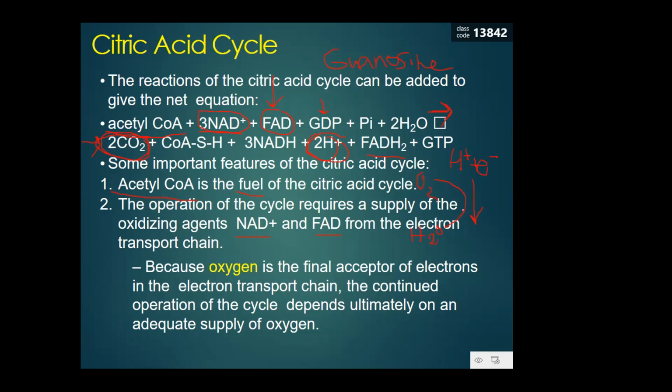Meron akong dinemonstrate sa inyo. Bakit? Because oxygen is what? It is the final acceptor of electrons. So, i-accept niya yan, yung electrons na yan. Plus yung hydrogen plus. Okay? So, ibig sabihin, during our catabolic pathway, needed then si oxygen. Okay?